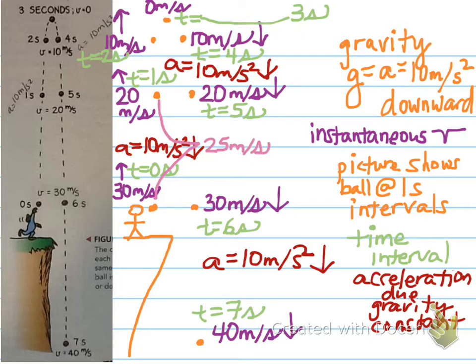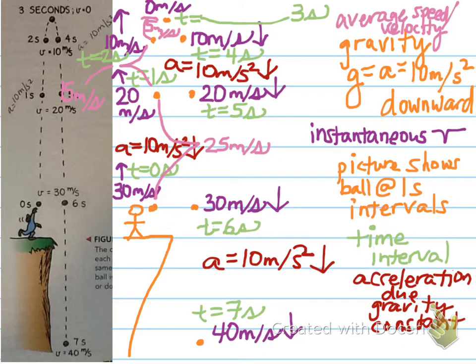So this is my average speed or velocity that I'm getting by adding them up and dividing by 2. So here, 10 plus 20 is 30, divided by 2 is 15 meters per second. Right here, 10 plus 0 is 10, divided by 2 is 5 meters per second.